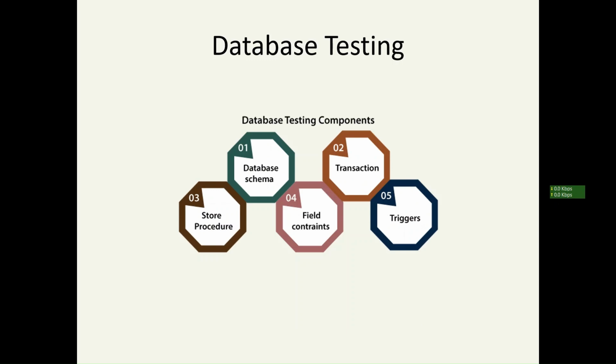Automation also we can do. So database testing is very, very important. Checking both the front end and the back end: the data which you upload in the GUI should reflect in the database.